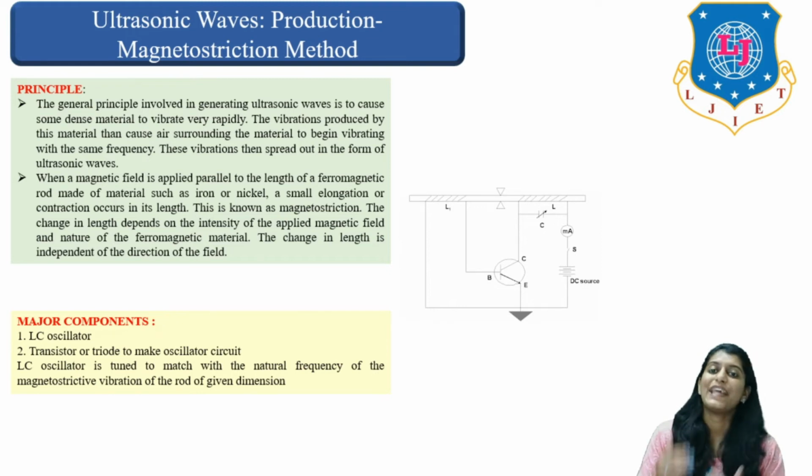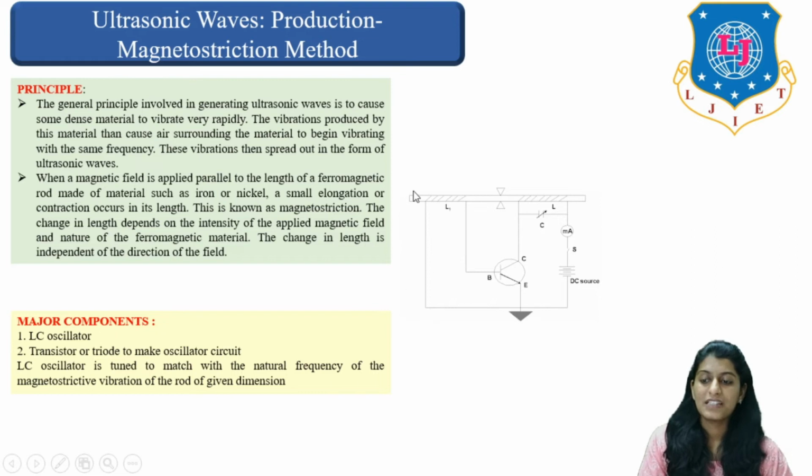The inbuilt nature of the material which you are using is also responsible for the amount of either expansion or contraction in that rod. Now the change in length is independent of the direction of that particular field, right? So the change in length can be in any direction, independent of the direction of field.